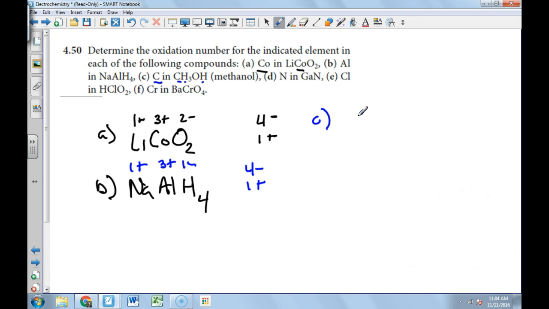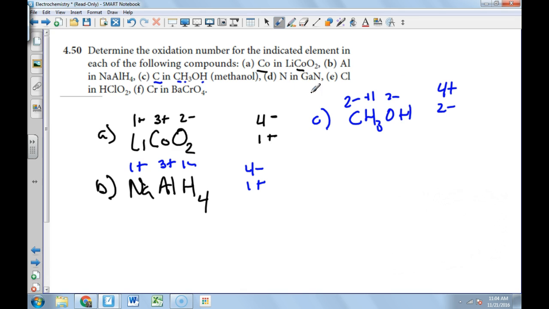So for CH3OH, again, hydrogen, except when it's bonded to metals directly, is going to be a +1, and there's 4 of them. Oxygen is always 2-, so the hydrogens total 4+. Oxygen is 2-, so that means that carbon is a 2-.